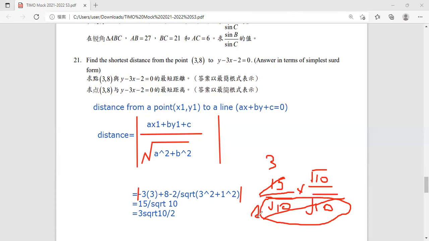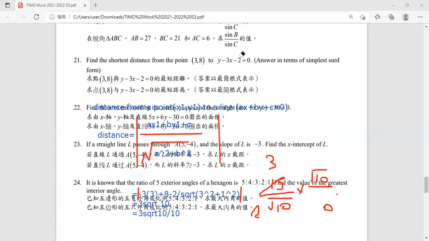Good. So let's see. Oh, my bad. This is 3. Yeah, you got it. Then it will be this one.